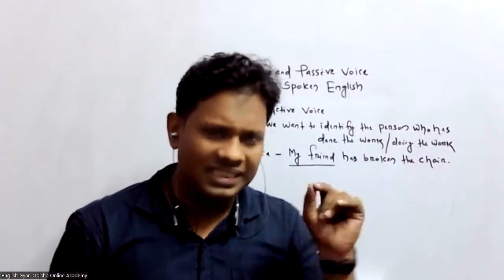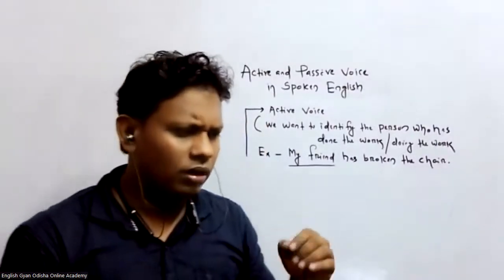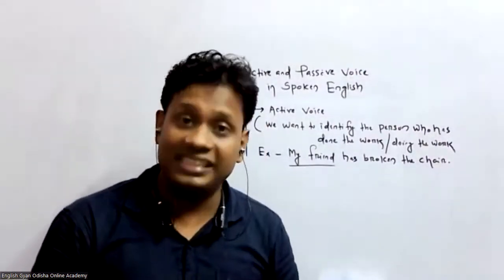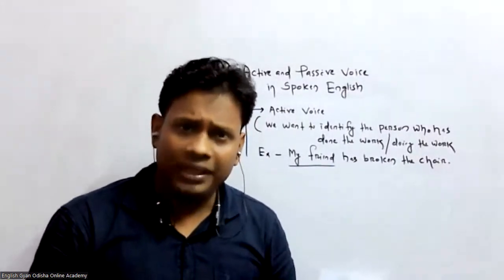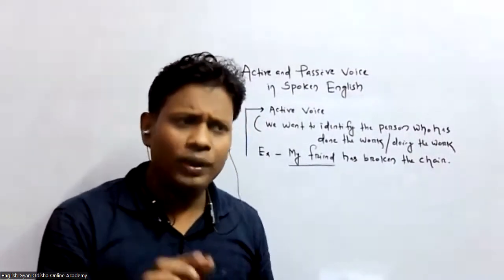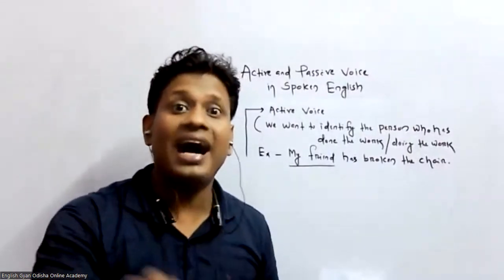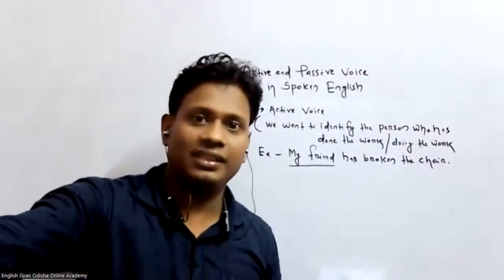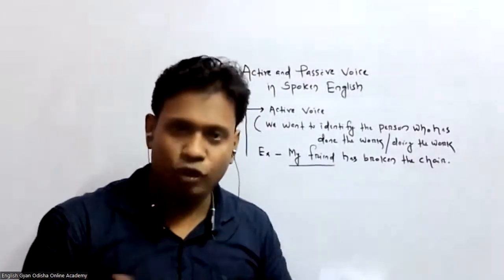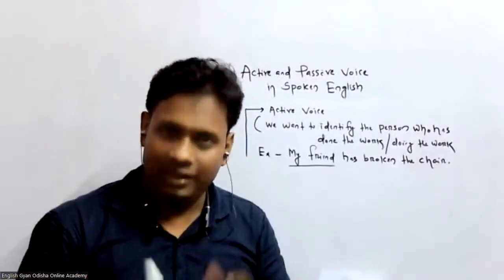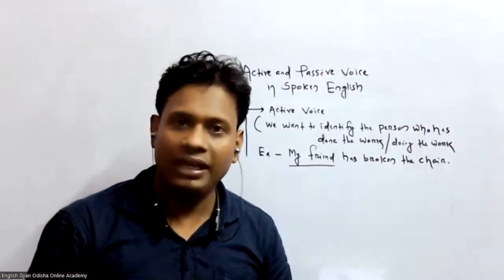So remember, it is a little bit different from written communication, because in written communication it is always followed by 'by'. The book was written by Kalidas. By, you will be there. But normally in spoken English, we don't reveal that particular person, right?